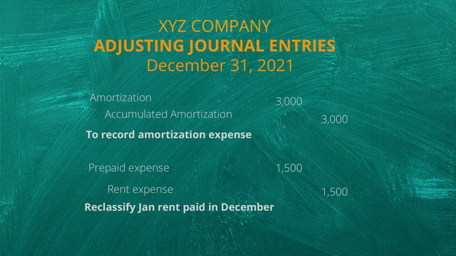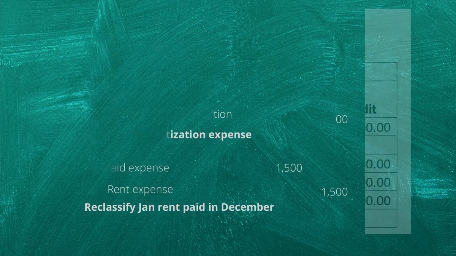And then also if you want to reclassify the January rent, which was paid in December, you must also make an adjusting journal entry, which is prepaid expense 1,500 and credit rent expense, which is also 1,500. So you must always remember that your debit and credit must be balanced.